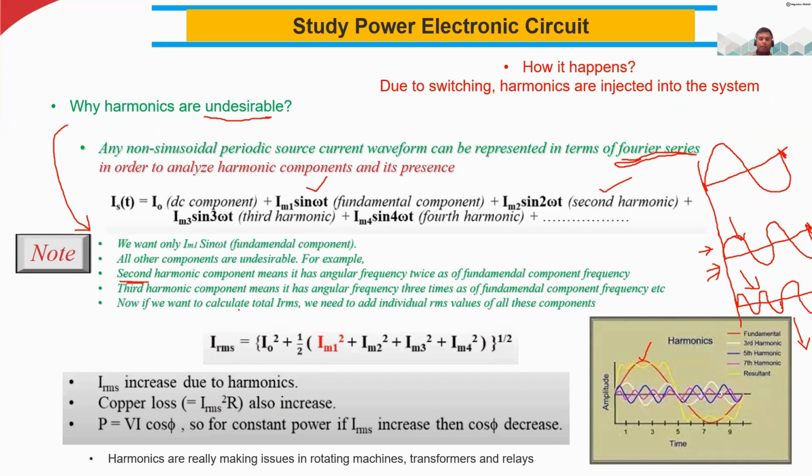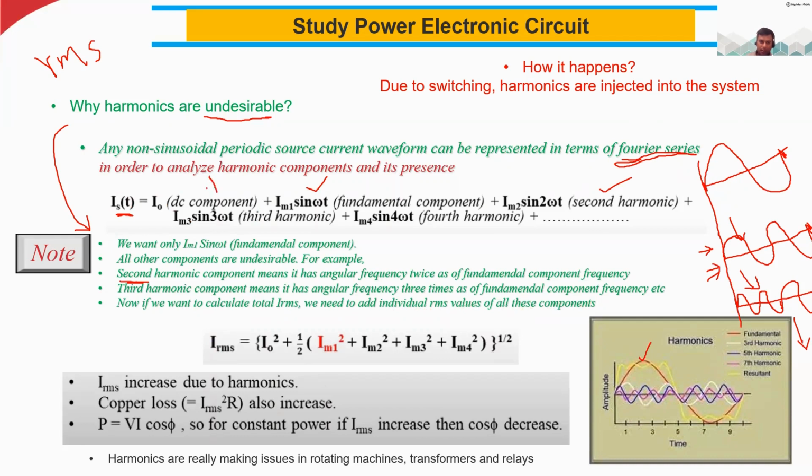Now if you want to calculate the total IRMS, this is the current value. I want to find the root mean square (RMS) value of this current, IRMS. We need to add the individual RMS values of all these components. This current has several components.